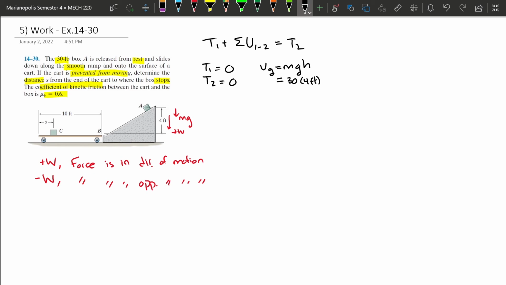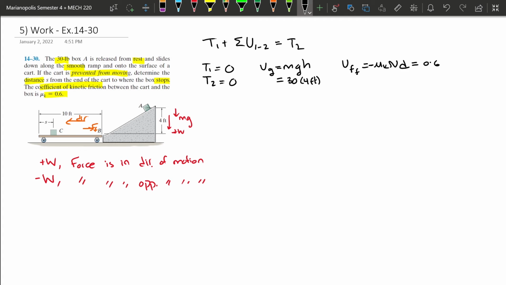And then we also have the force of friction, right? The force of friction here, the direction is going to be here, but then the friction force will be preventing the motion here. So our work due to friction is going to be minus mu k N d, and we know mu k is 0.6.